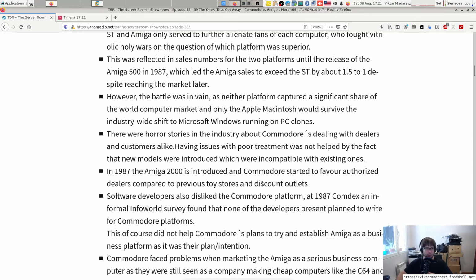There were also horror stories in the industry about Commodore dealing with dealers and customers alike. Poor treatment was not helped by the fact that sometimes new models were introduced which were incompatible with existing ones. In 1987, the Amiga 2000 was introduced, and Commodore started to favor authorized dealers compared to previous toy stores and discount outlets.